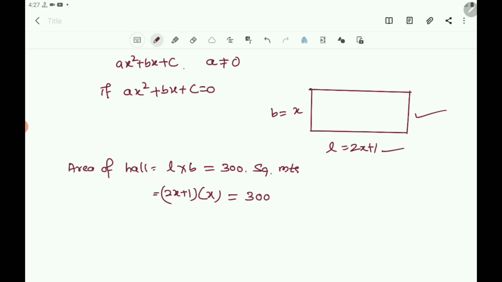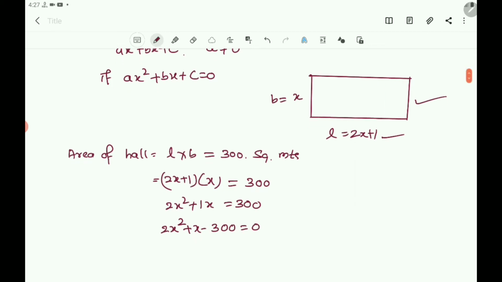Now you multiply 2x plus 1 by x. 2x into x, you will get 2x square, plus 1 into x, you will get 1x, and that equals 300. And you transfer 300 to the LHS, it becomes 2x square plus x minus 300 equals 0.